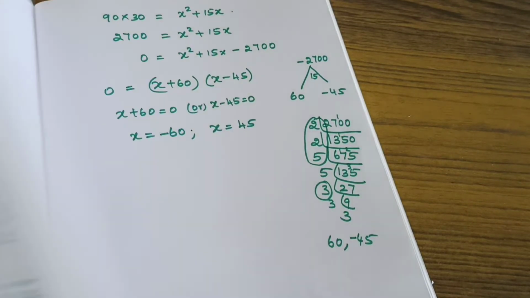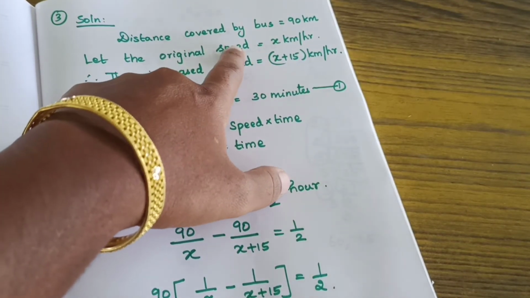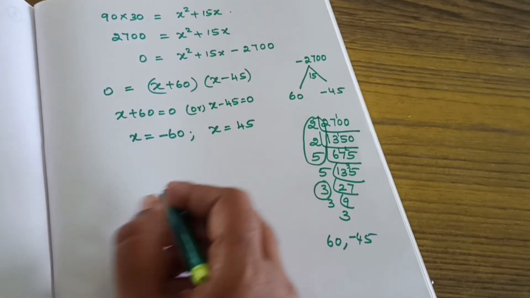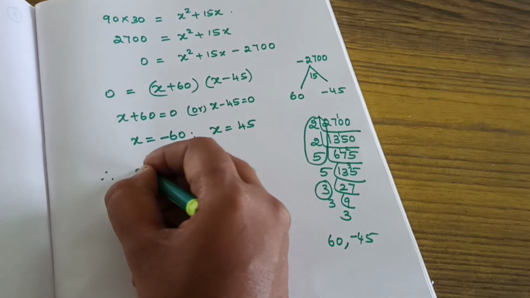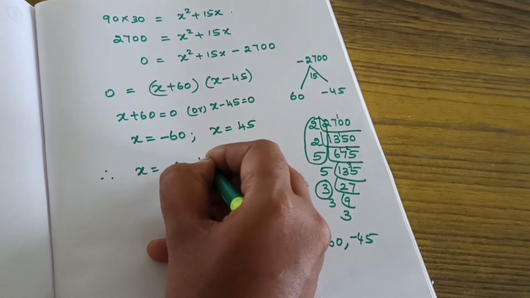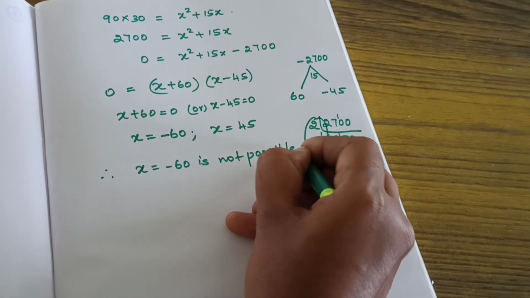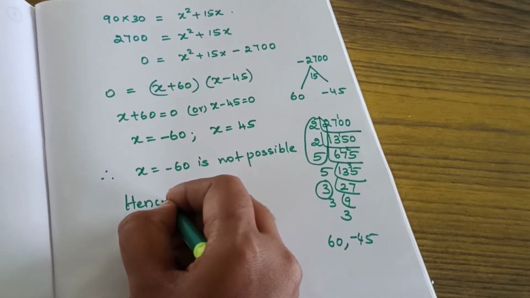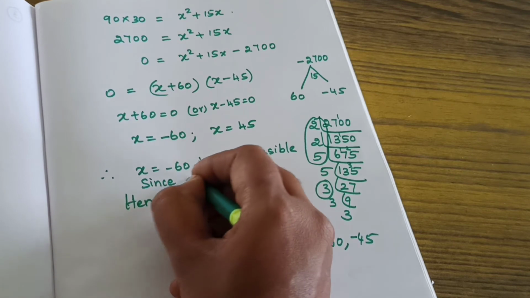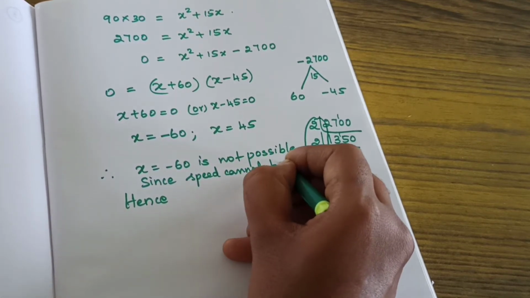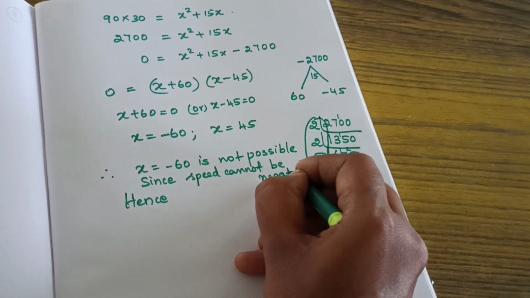Here already we know that x means original speed. Whether speed will be negative? No, not possible. Therefore, x equal to minus 60 is not possible. Hence, since speed cannot be negative, you need to write the reason.